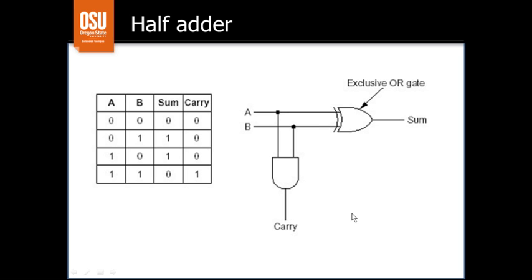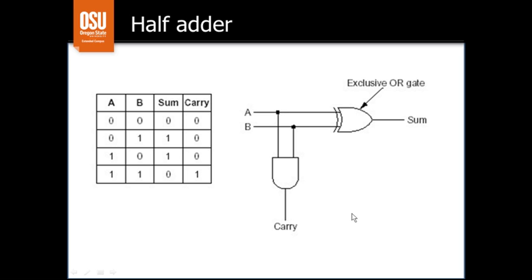If A is equal to 0 and B is equal to 0, we want the sum to be 0 and the carry to be 0. If A is 0 and B is 1, or A is 1 and B is 0, we want the sum bit to be equal to 1 and the carry bit to be equal to 0. In the case that A and B are both equal to 1, we want the sum bit to be 0 and the carry bit to be 1.